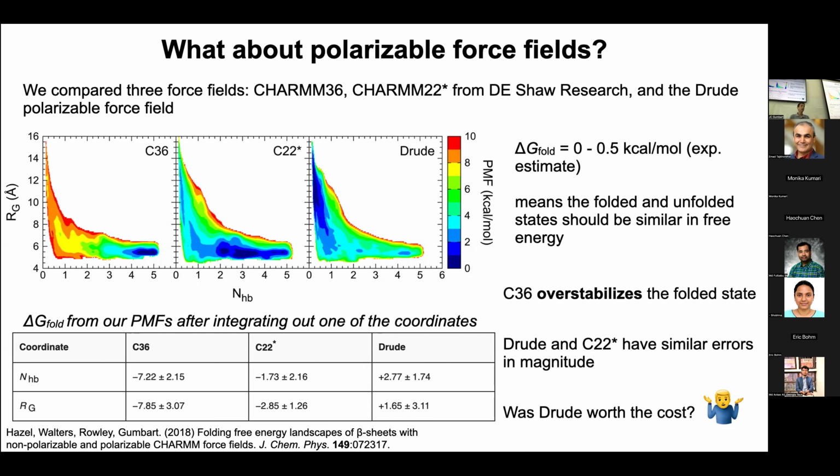Fixed charges can paper over some of these issues for sure. I don't think, at least in our careers, we're going to get to a point where we just switch over and say polarizable all the time. That's in line with developing different approaches, more physics-based, like AMOEBA.